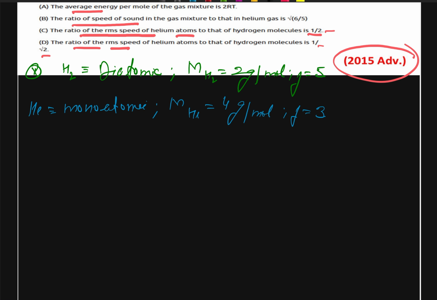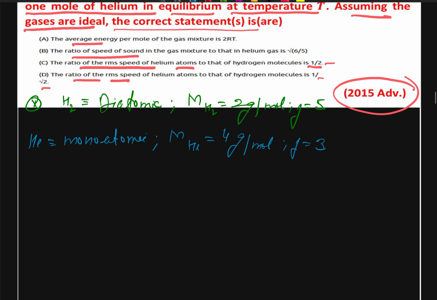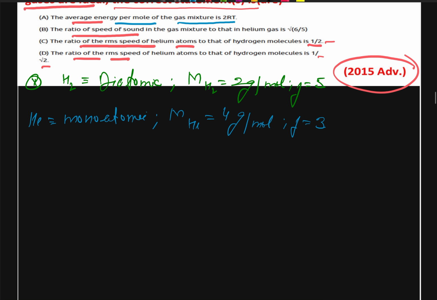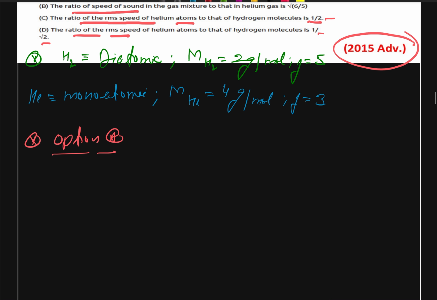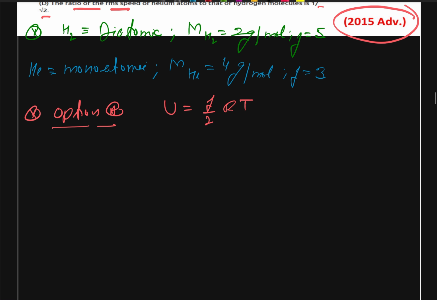And we start with option A. It states that the average energy per mole of the gas mixture is 2 RT. We can say option A, and we know the standard formula that the average energy of an ideal gas per mole is F upon 2 multiplied by RT, where F is the degree of freedom and T is the temperature.